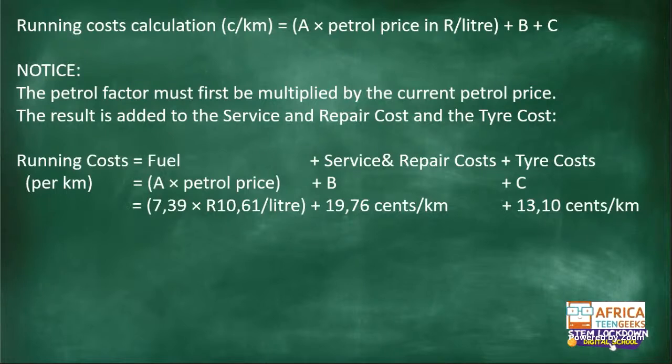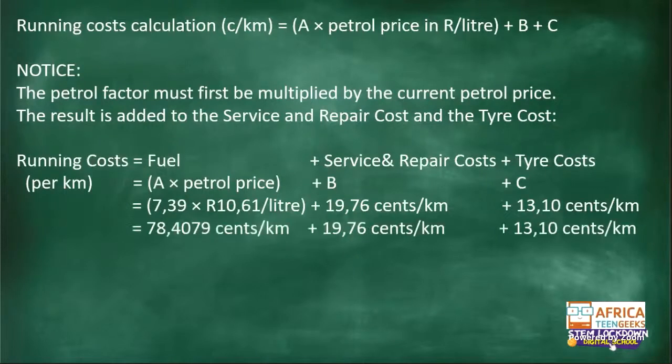And then we will multiply that by the petrol factor of 7.39. Plus, we will add the 19.76 cents per kilometer. And additionally, we'll also add the 13.10 cents per kilometer there.